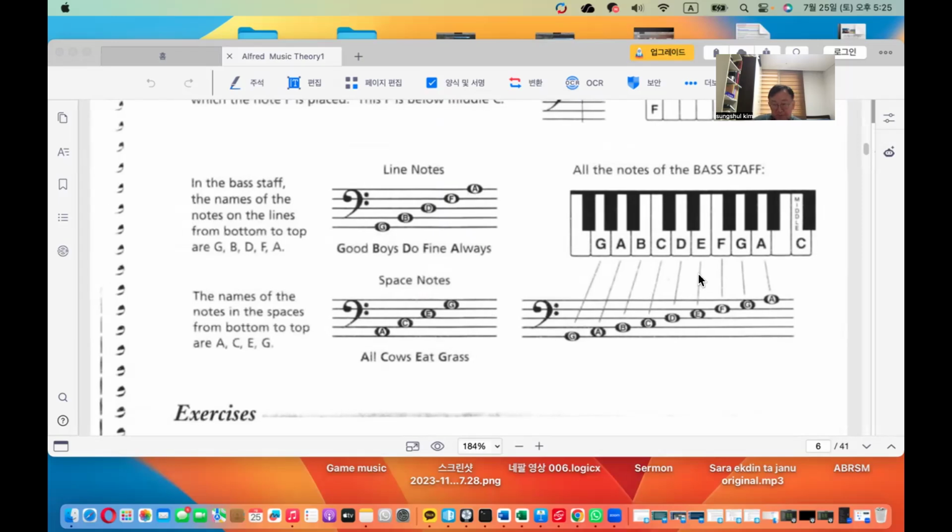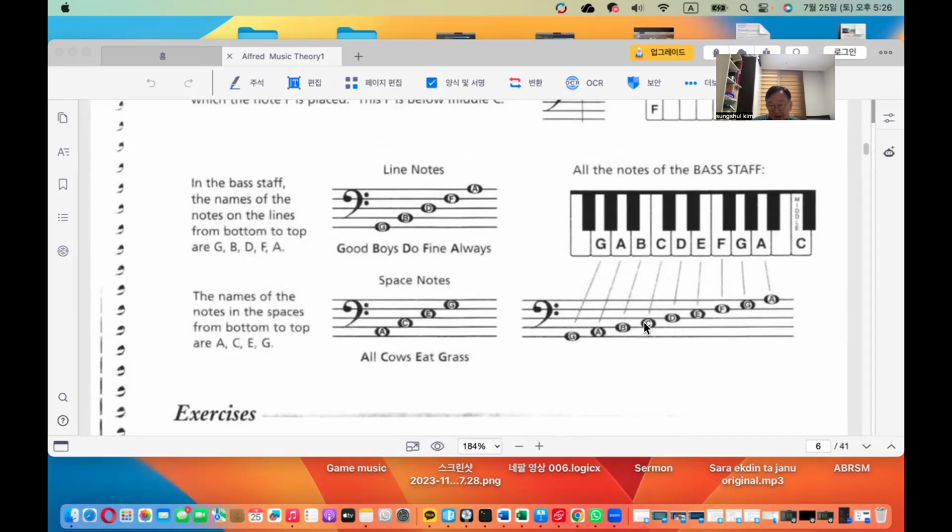Your church has a piano keyboard. Middle C is right here. So line 1, line 2, line 3, line 4, line 5 names: Good Boys Do Fine Always.